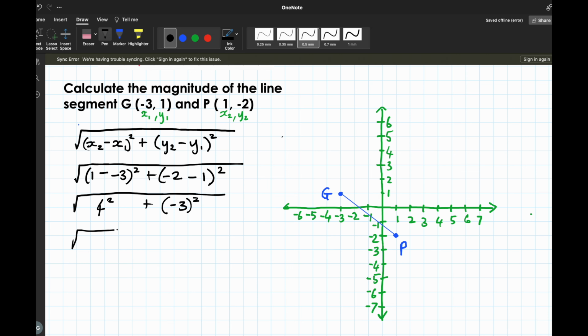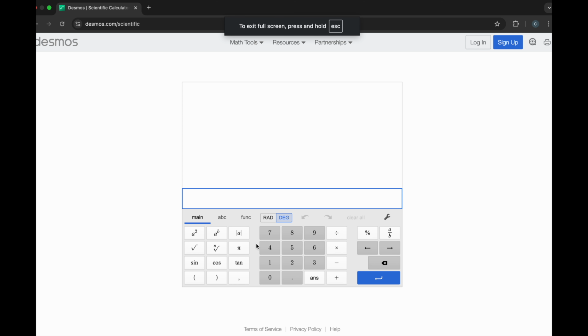Now, 4 squared is 16. I'm not concerned about 4 squared, that's easy stuff. What I'm concerned about is this -3. Whenever you're doing a negative squared, you have to put the brackets in first: open bracket, -3, close bracket, and then squared. So -3 squared gives me +9.